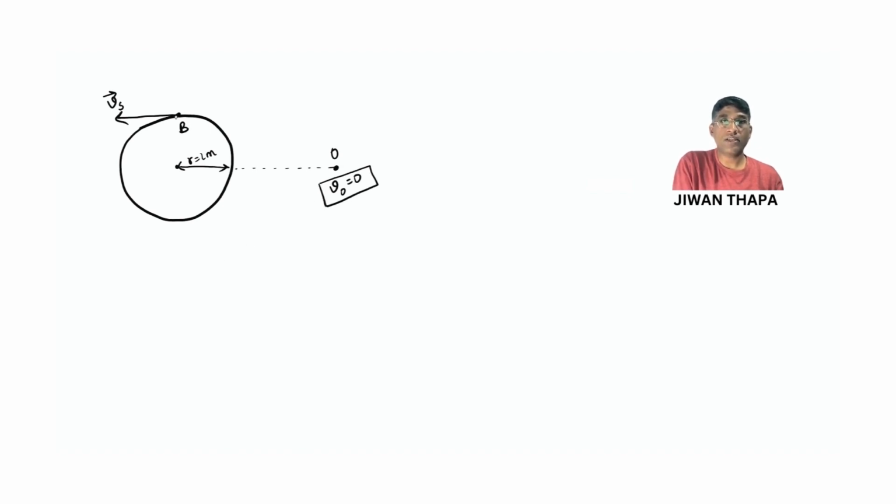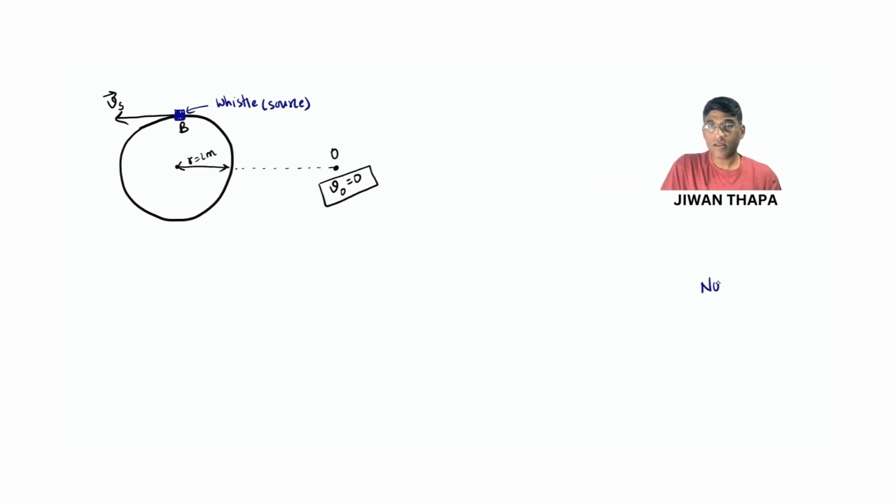Clear? So what we find, we have a source. This is a whistle, which is the source of sound. So we find at point B, the source is moving away from the stationary observer or listener.